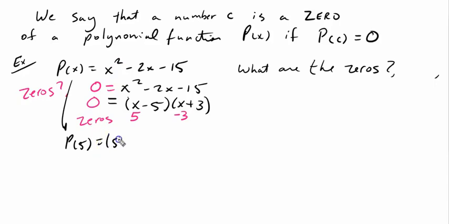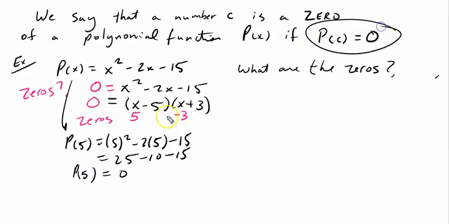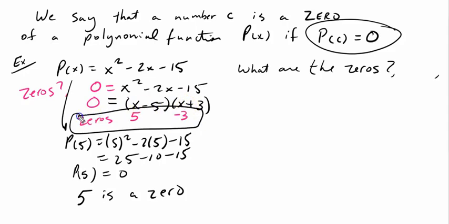Well, if I do it directly, it's going to be 25 minus 10 minus 15, which is 25 minus 25, which is 0. And this fits the definition of what a zero is. 5 is a zero, and we could see that here when we factored it. Similarly, negative 3 is a zero. So I have two zeros, 5 and negative 3.